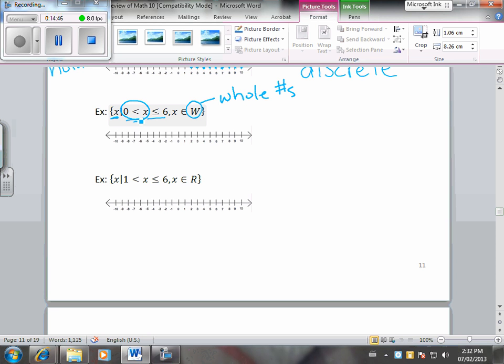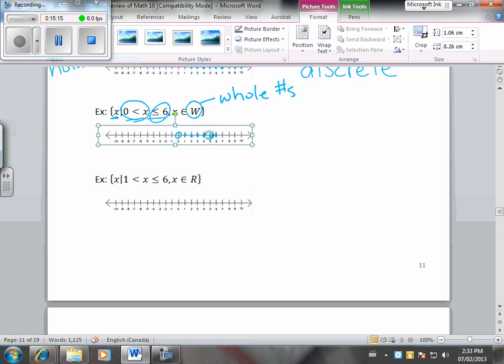Our lower limit is 0. Because it's not greater than or equal to, it's just greater than, we put a hollow dot. 6 is our upper limit, and that's included because it's less than or equal to. And then it's all whole numbers. Okay, whole numbers, again, a whole number, so no decimals, no fractions, has to be the whole number.